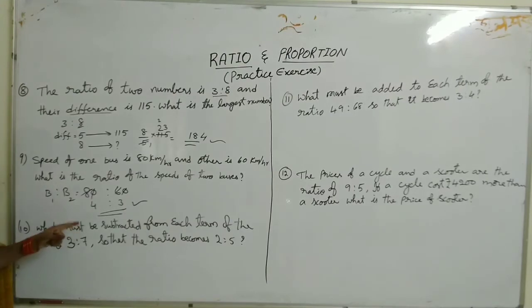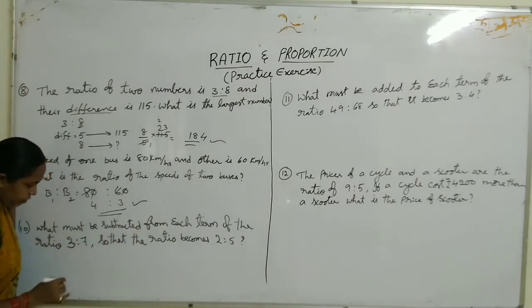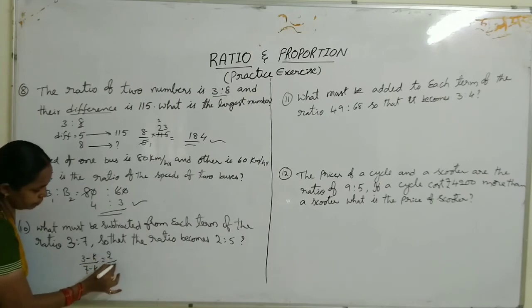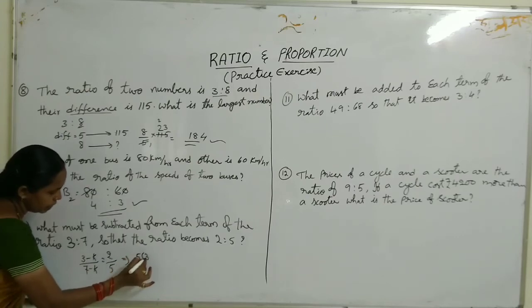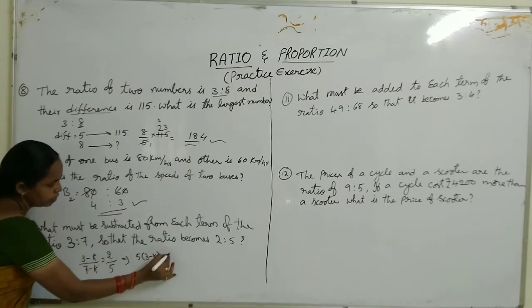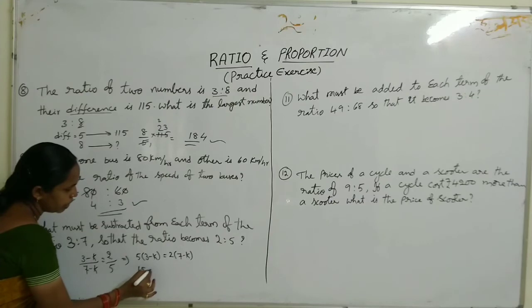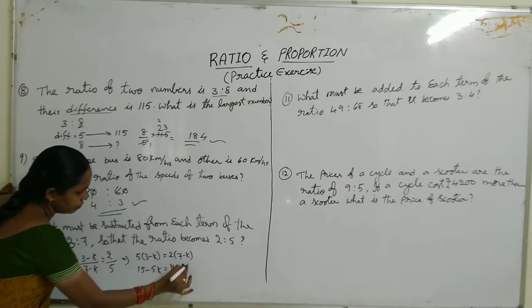Second attempt: what must be subtracted from each term of the ratio 3:7 so that the ratio becomes 2:5? So subtract a number k from each term, that means 3 minus k by 7 minus k, and the new ratio equals 2/5. Then cross multiply: 5 into 3 minus k equals 2 into 7 minus k, that is 15 minus 5k equals 14 minus 2k.